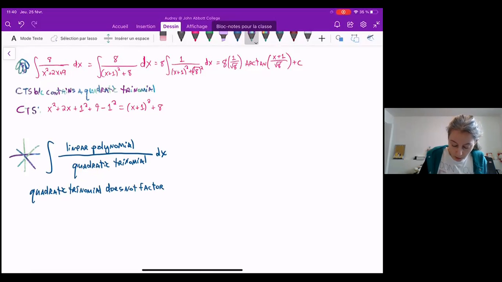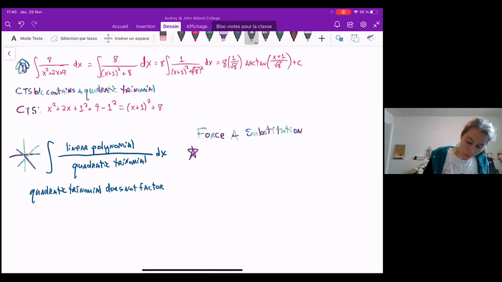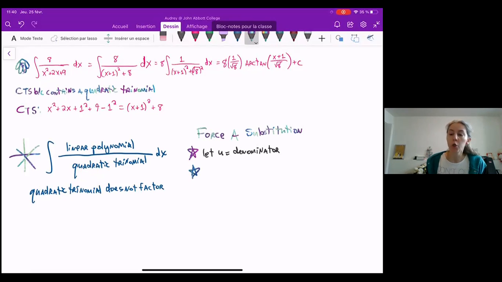So hang on, let's write down our steps. We're going to call this method forcing a substitution. The first thing that we do is let u equal the denominator. Then we force the derivative in the numerator using the methods that we learned for special division.